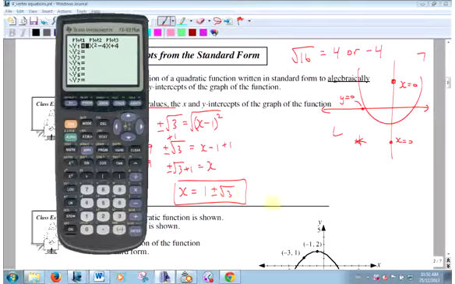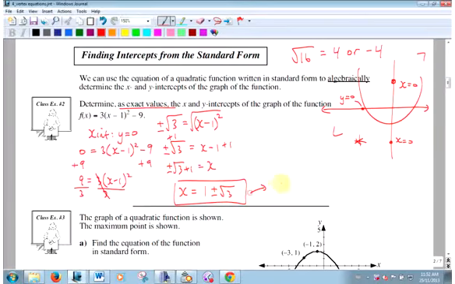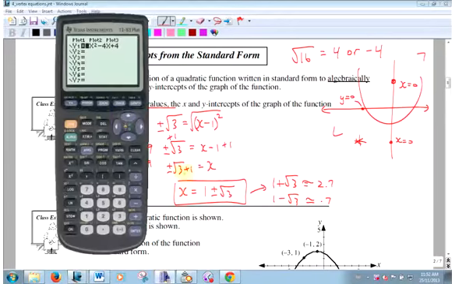So here's my two answers. My two answers are 1 plus root 3, 1 minus root 3. That's about 2.7. That's about 0.7. Let's have a look. Okay.